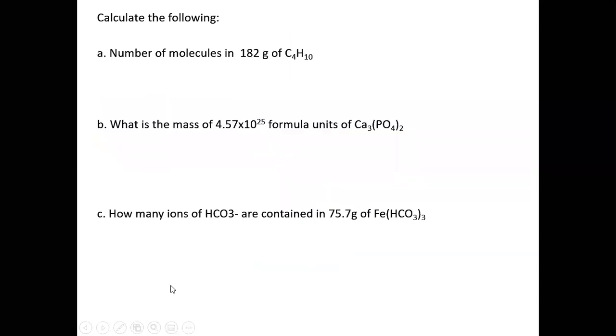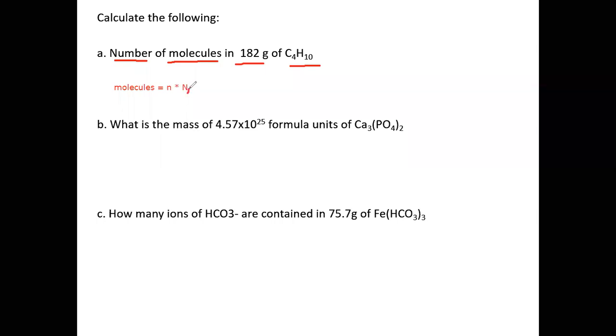So now we have a few examples. We want to calculate the following. So the first one is the number of molecules in 182 grams of C4H10. We'll define molecules equals moles, which is N times Avogadro's number.